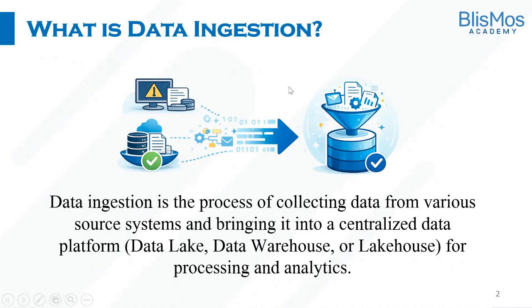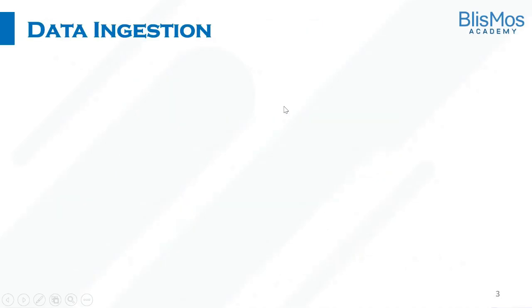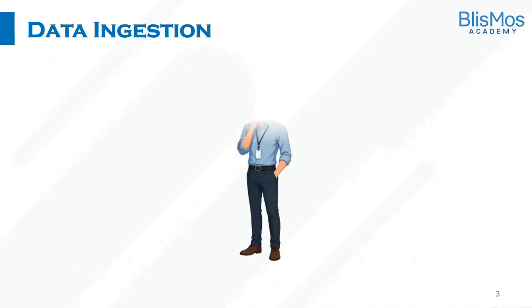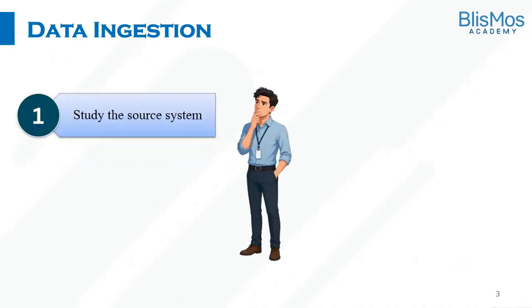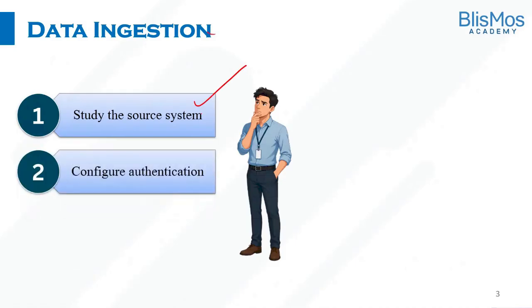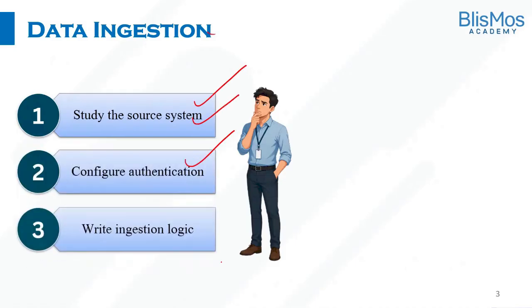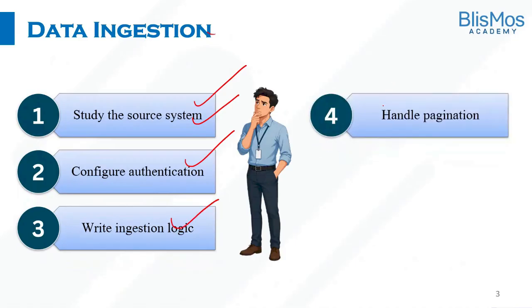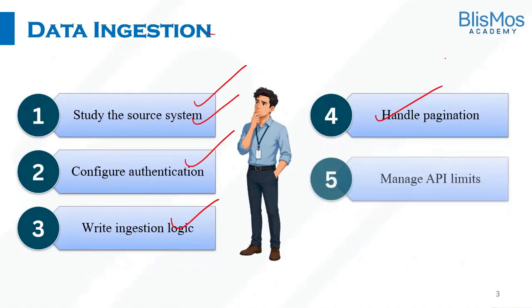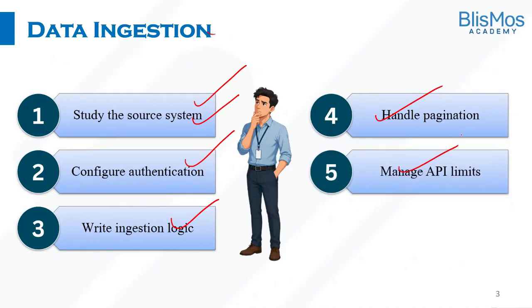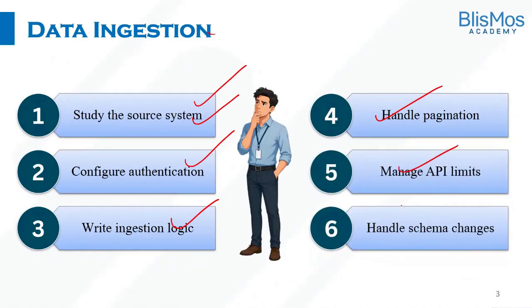So how is the data ingestion done? In a typical ingestion process, the engineer performs multiple activities like studying the source system, then configuring the authentication, then writing the ingestion logic, sometimes handling the pagination and managing the API limits, then handling the schema changes.